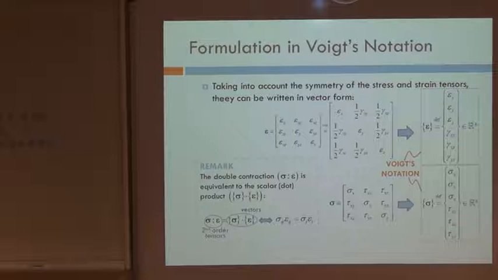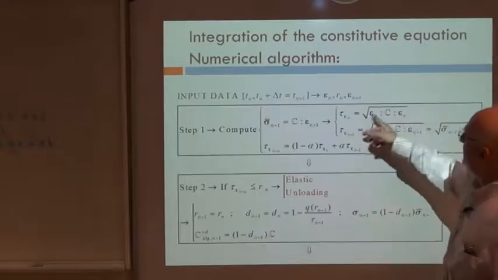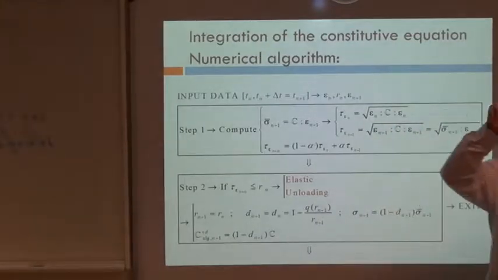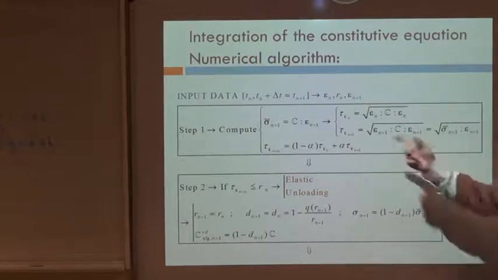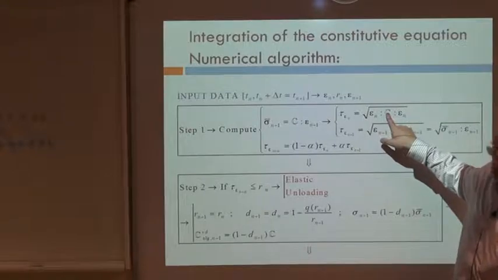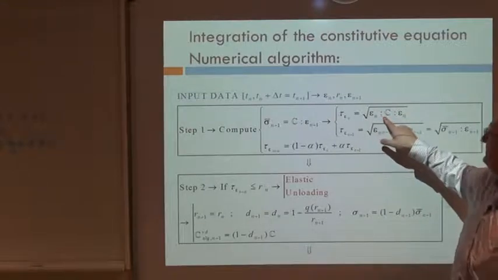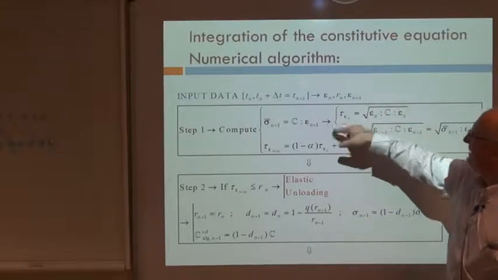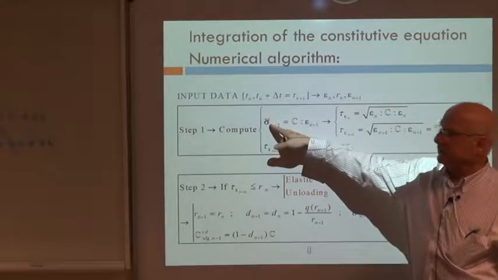There are many examples for that, and this is an example. Look, everything that is in here is written in normal tensor notation. So you see that here I have strains, C is a fourth order tensor, this is double contraction, this is double contraction, etc. This is a second order tensor.